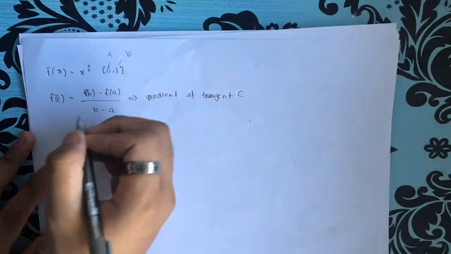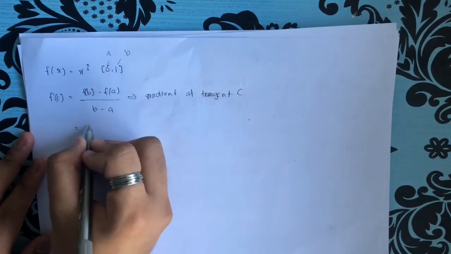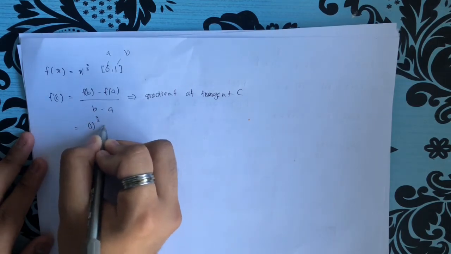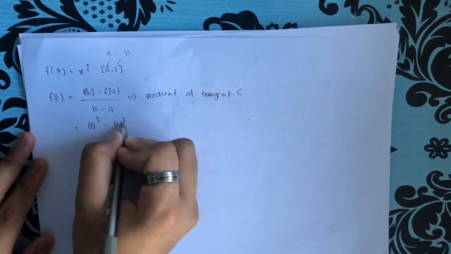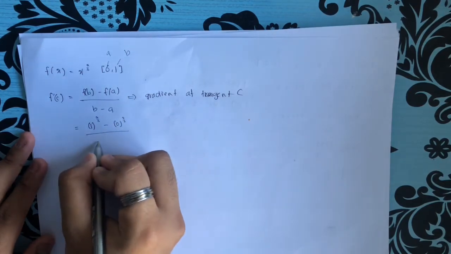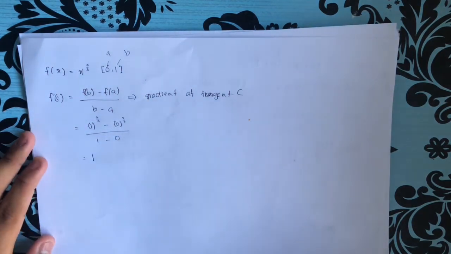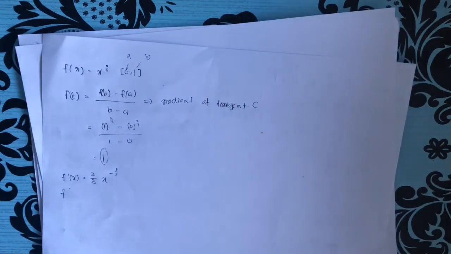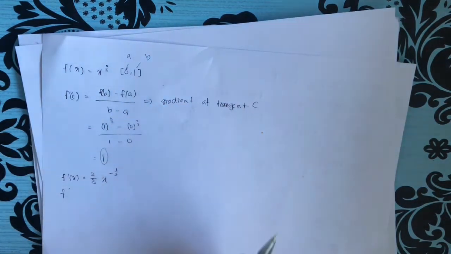So f prime c equals f(b), b is 1, 1 power of 2/3 minus 0 power 2/3, over b minus a. b minus a is 1 minus 0, which equals 1. Then after we differentiate the equation, we know that f prime c equals 1.